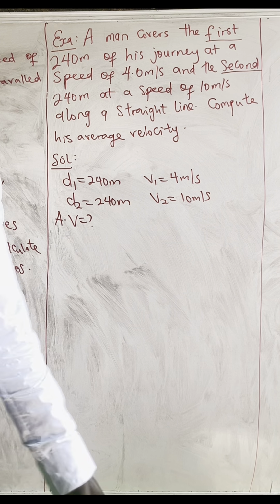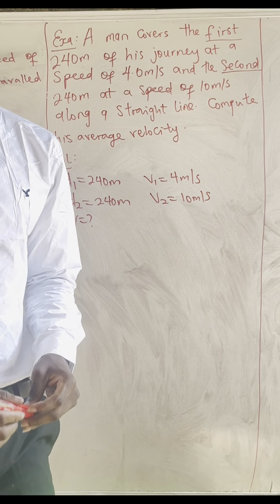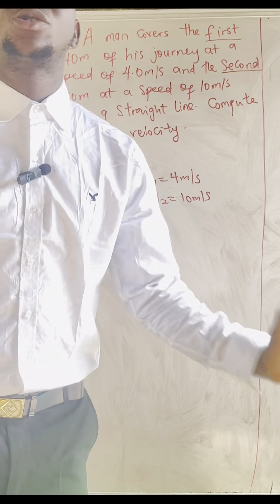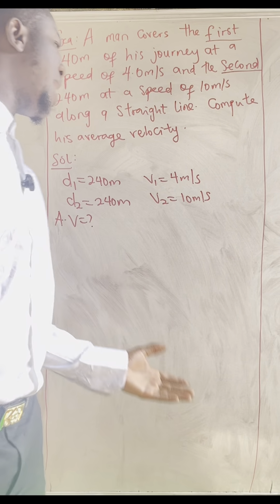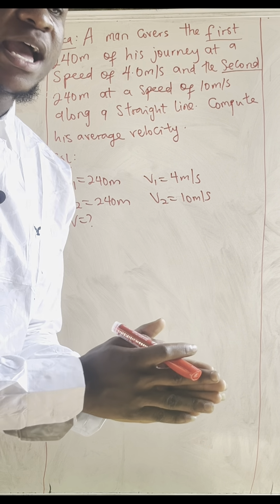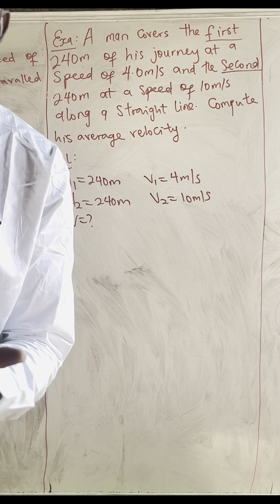So guys, you know, if you're talking about average velocity, that simply means total distance over total time taken, right? So I don't have any problem. What I will just look for is my total distance. I will also look for my what? Total time taken.